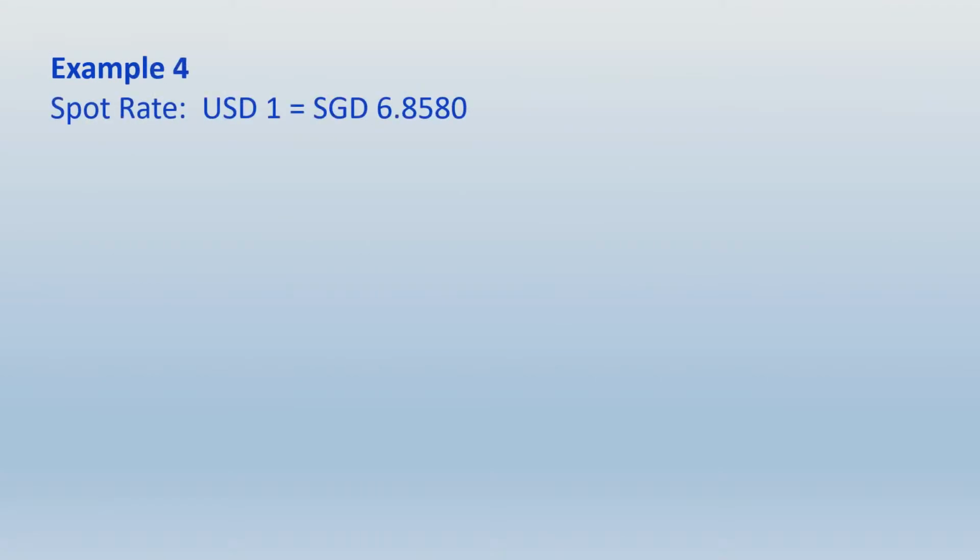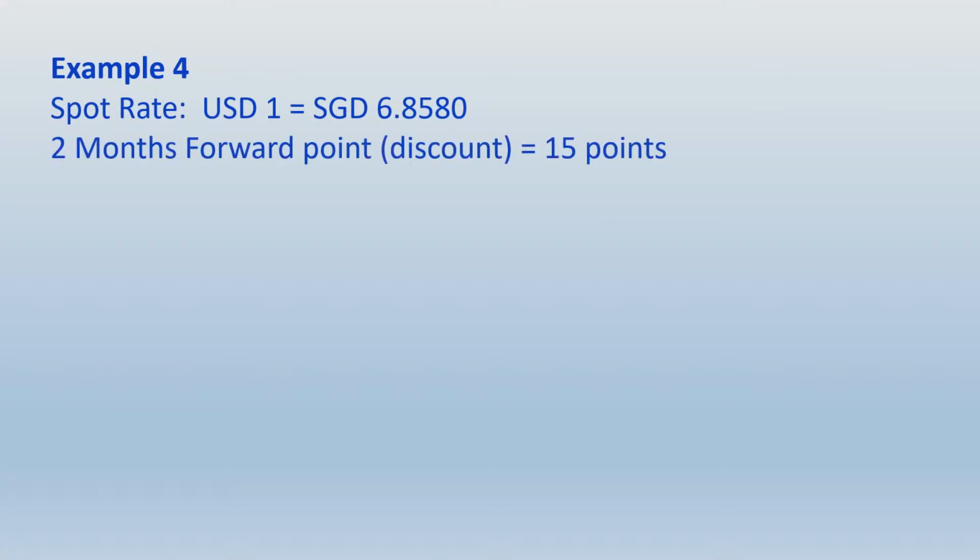Spot rate USD1 equals SGD 6.8580. The 2-month forward point, given as a discount, is 15 points. Therefore the 2-month forward rate will be, now you give me the answer. What will be the 2-month forward rate? Because 15 points are given as discount points. I'm waiting for your answers.